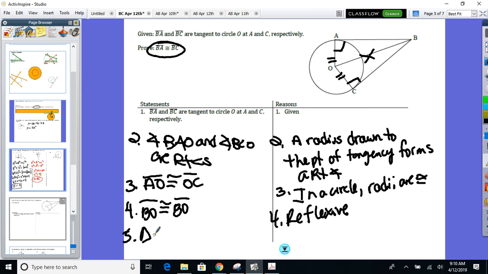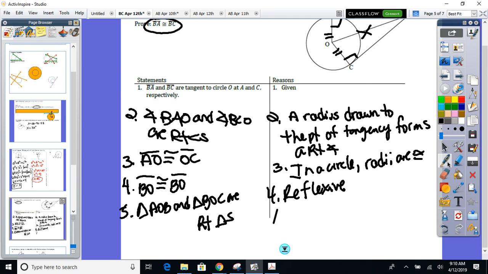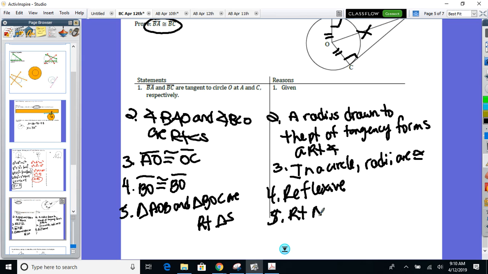So triangle AOB and triangle, what do I got? AOB, BOC are right triangles. Anybody remember that reason back in the day? Right triangles have right angles.